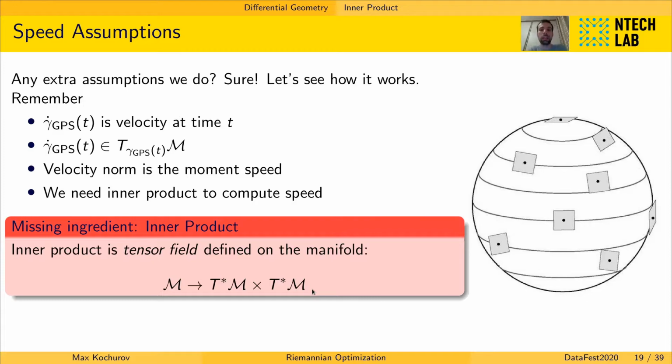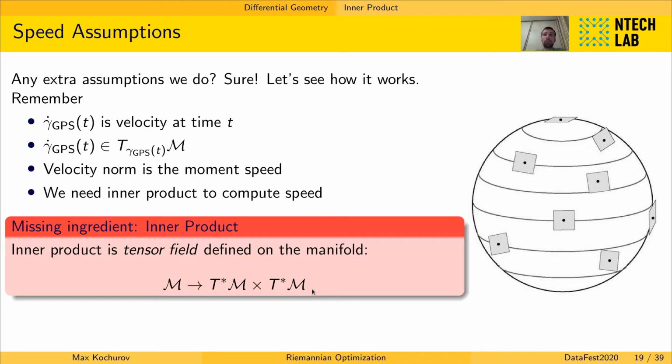The inner product is the way to compute the norm. We take the square root of the inner product to get the norm. But what is an inner product? Mathematically, the inner product is a tensor field. This tensor field is actually the same as a vector field. And the inner product takes two vectors from the tangent space and gives you a number.